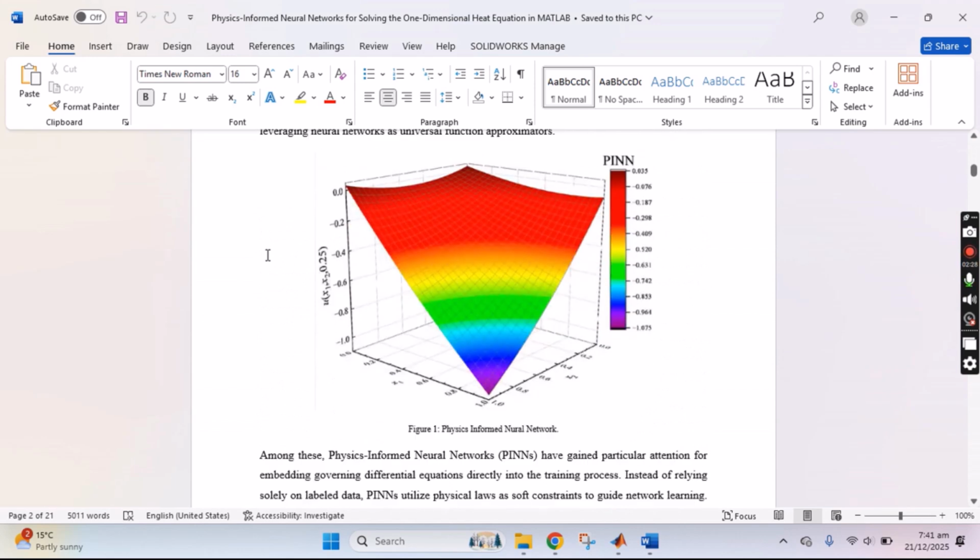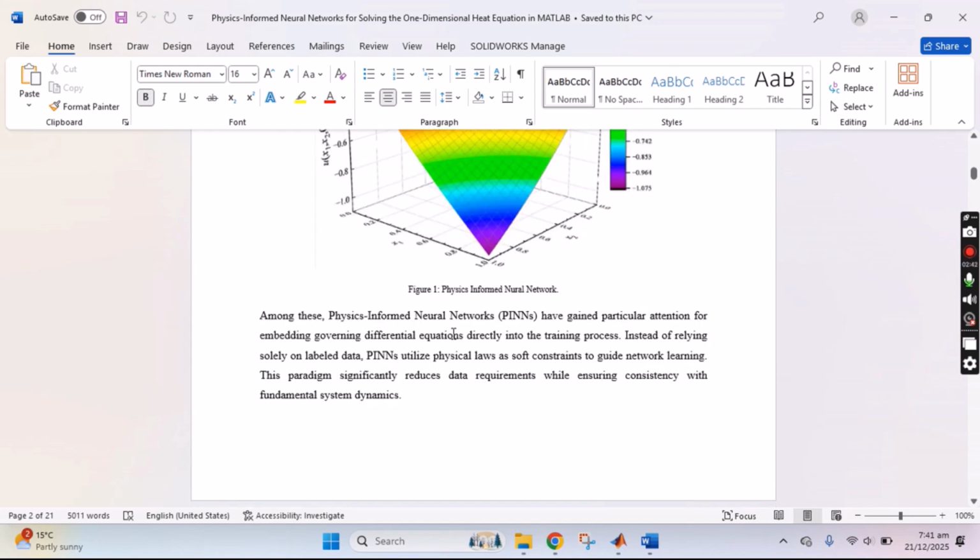This is the first figure, which shows the physics-informed neural network-based heat equation on a specific metal. The training process takes some time for solving partial differential equations. Instead of relying solely on labeled data, PINNs utilize the physical laws as soft constraints to guide the network learning.